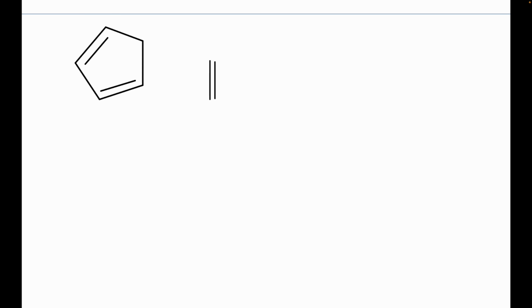I'm going to turn this to the side so we can see it a little bit easier in terms of how it's going to react. All right, my product is, again, that 6-membered ring.